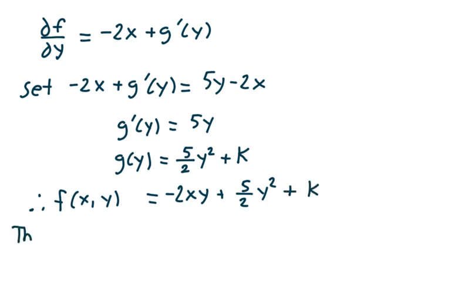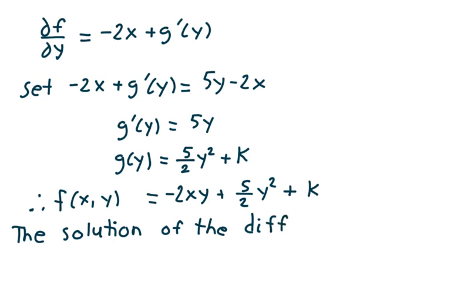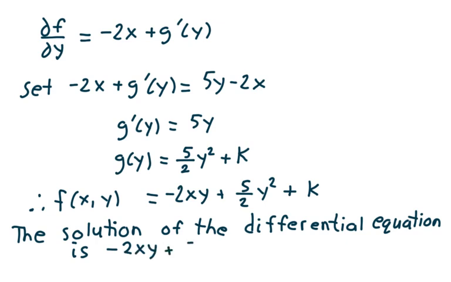And so if I set f of x, y equal to 0, the solution of the differential equation is negative 2xy plus 5 halves y squared plus k equals 0.